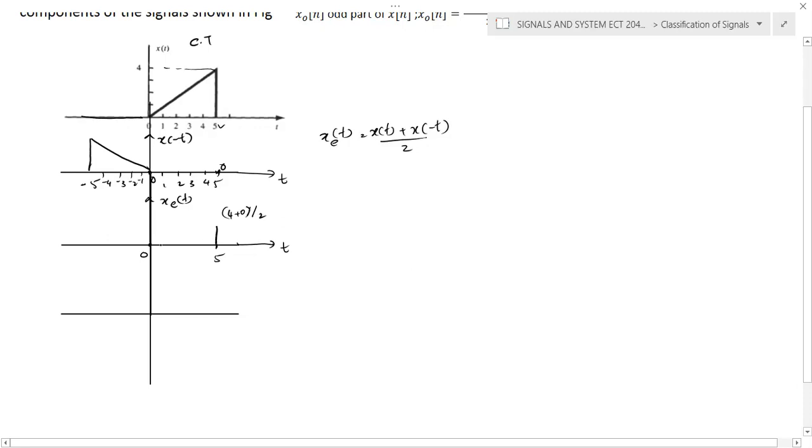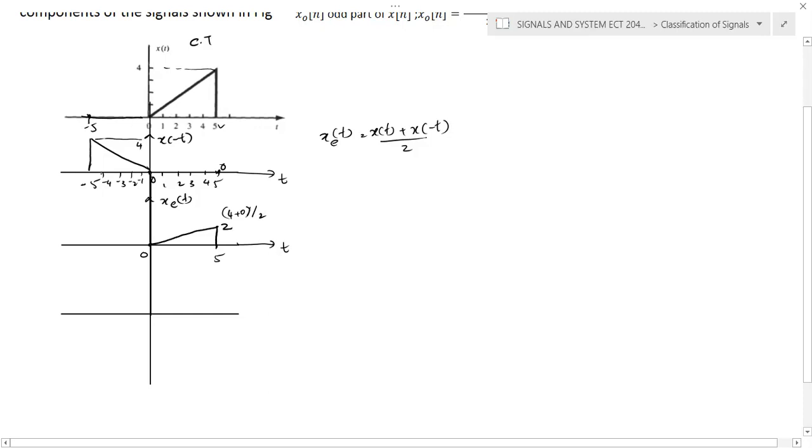So the signal waveform will be same, but amplitude will be different. Okay. So if you observe this waveform, you will get exactly same. Okay. So at 5 you will get 2. Now this is the positive side. For the negative side we need to add again. So if you observe here, it is minus 5, the function magnitude is 0. Here it is 4.